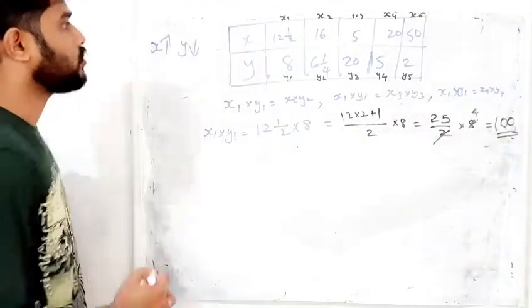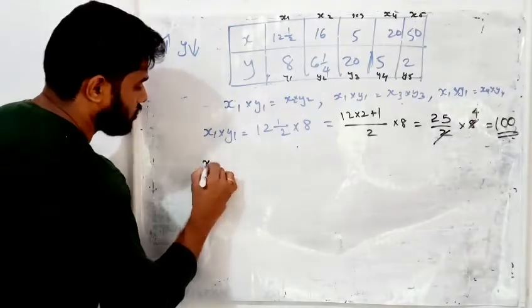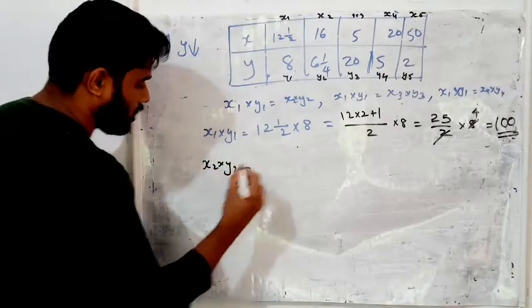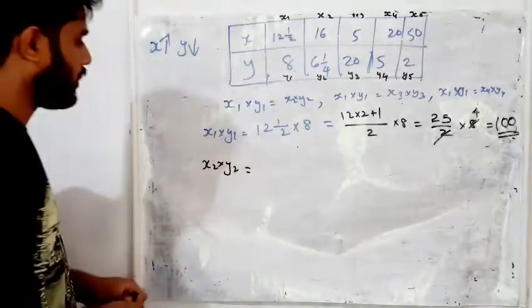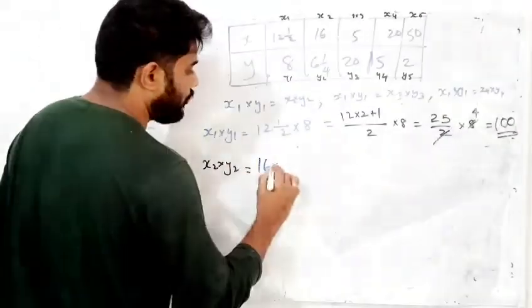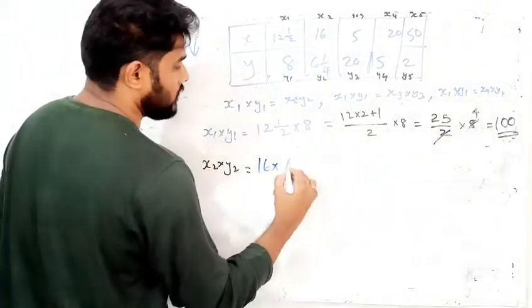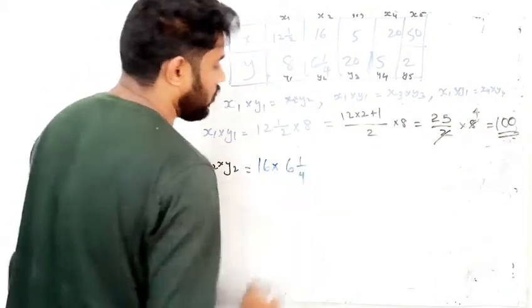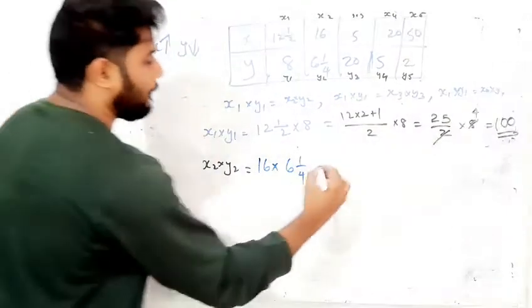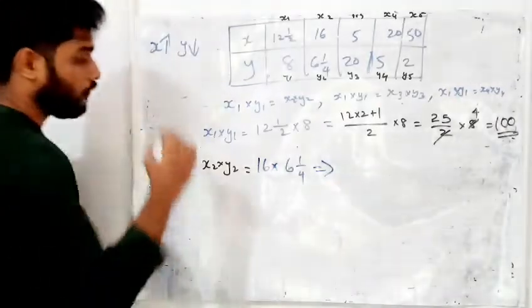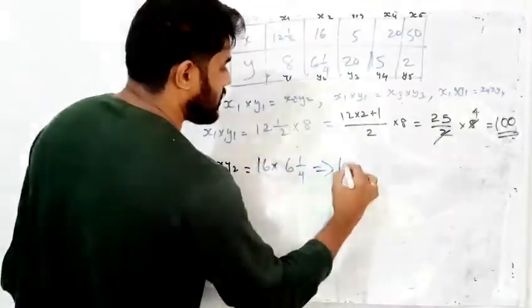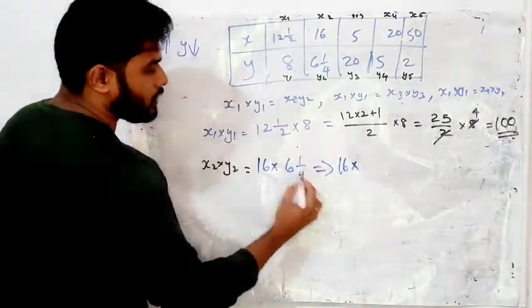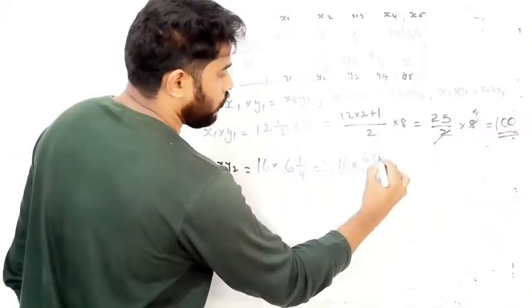We can check x2 into y2, how much? x2 is 16 into y2, which is also a mixed fraction, 6 and 1 by 4. We have to convert this mixed fraction into improper. How can we convert? 6 into 4 plus 1 divided by 4.